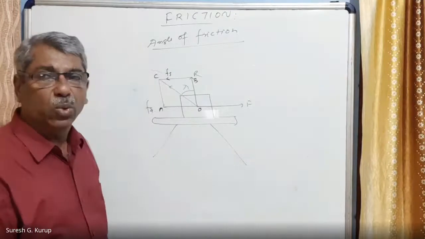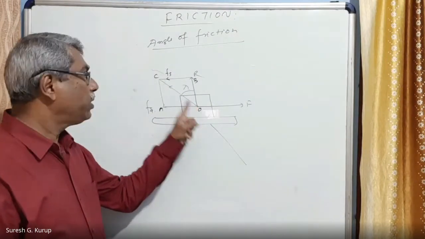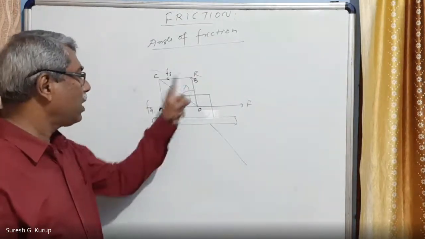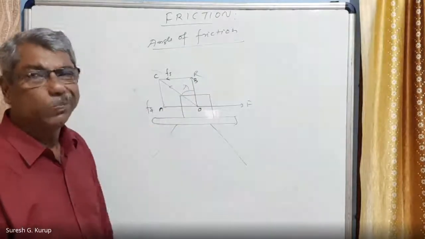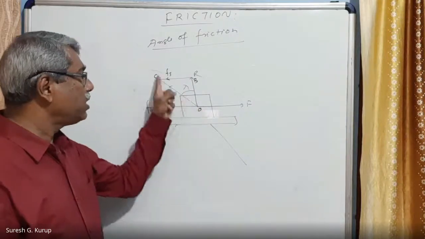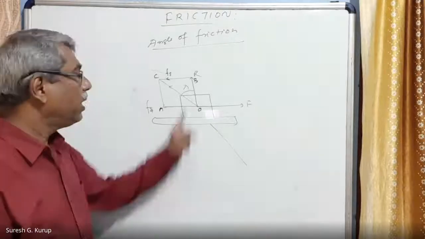Because when two forces are acting at a point, the resultant of these two can be obtained by the diagonal of the parallelogram. So the diagonal gives the resultant of R and Fs. What is R? Normal reaction. What is Fs? Force of friction. What is the angle made by this resultant, vector OC, with the vector R? That is what is called angle of friction.